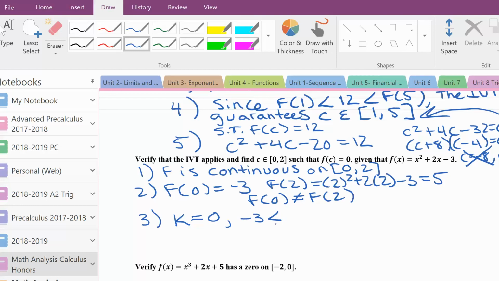is less than 0, which is less than 5. So basically that k value is between negative 3 and 5.